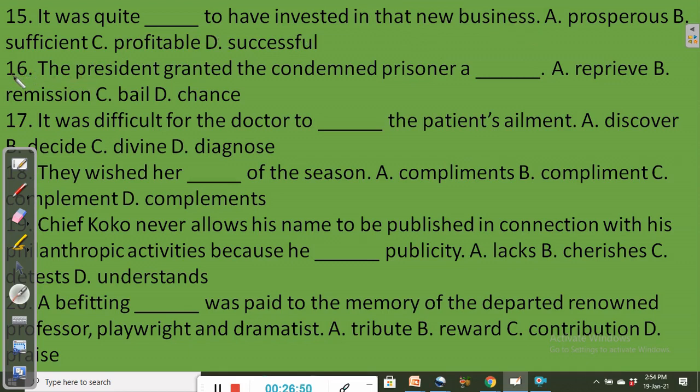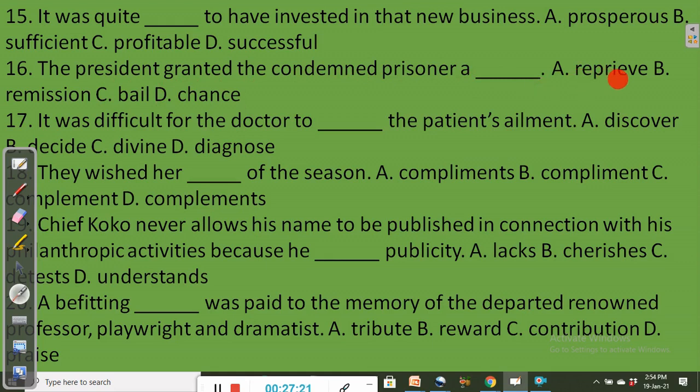Now, question 16. The president granted the condemned prisoner a dash. A, reprieve. B, remission. C, bail. D, chance. Now, the appropriate option is reprieve. So a reprieve is, you know, a pardon. That's the appropriate word. The president granted the condemned prisoner a pardon.